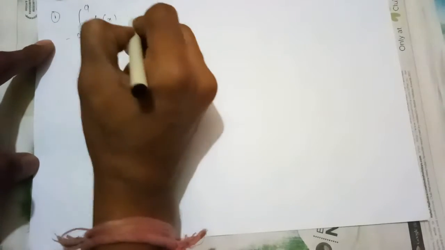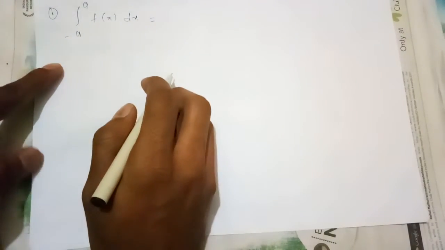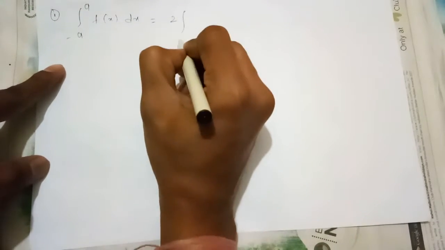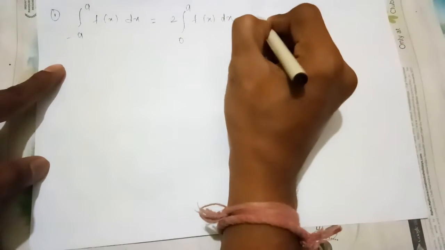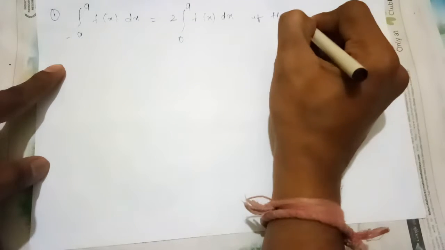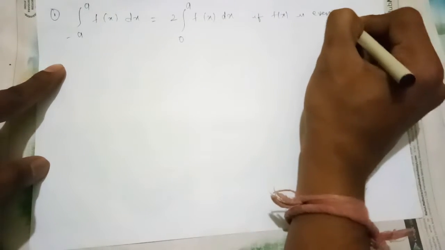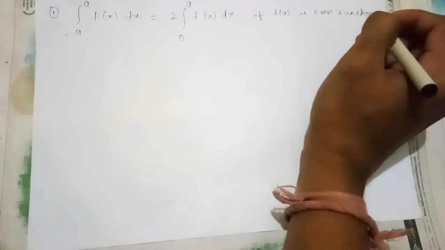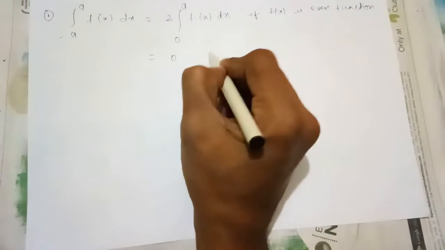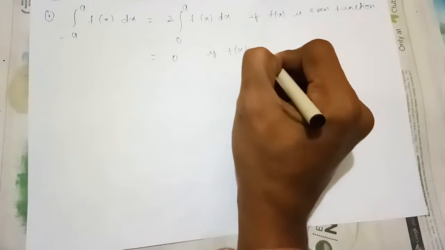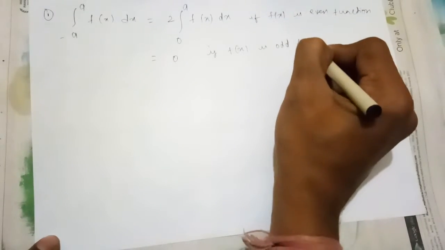The first property is: the integral from minus a to a of f(x) dx is equal to twice the integral from 0 to a of f(x) dx if the given function is an even function, and the value of the integral from minus a to a of f(x) dx will be 0 if the given function is an odd function.